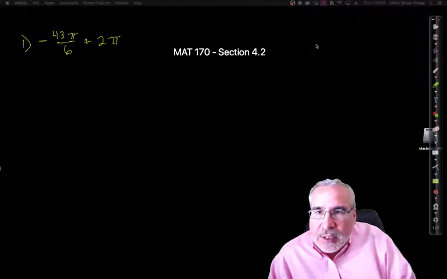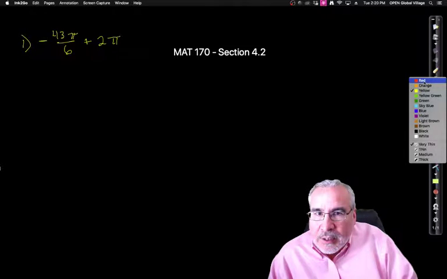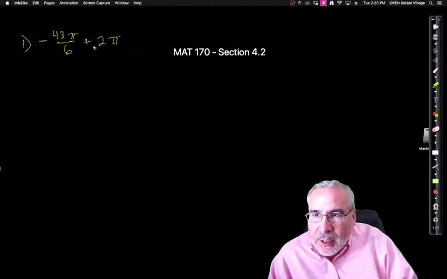So hopefully you can see that this has a common denominator of 6. This first one has a denominator of 6. We need to make the second term into something that has a denominator of 6. So we'll have to take 6 times 1 to make that happen.